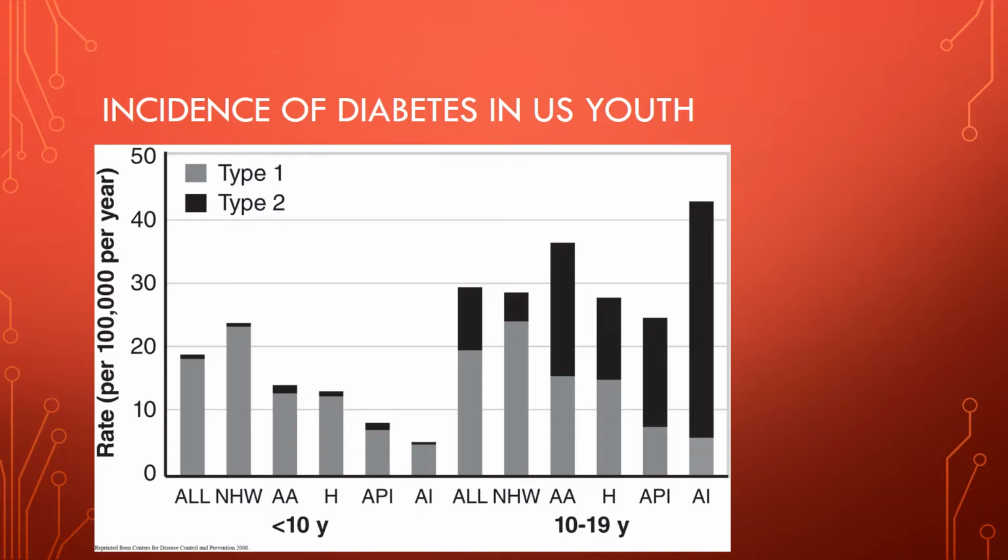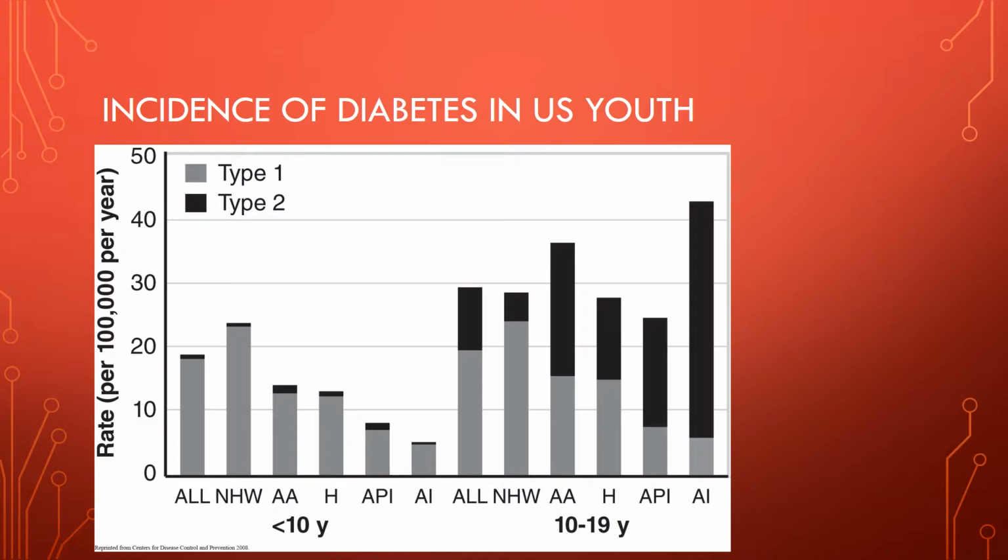The incidence in youth is particularly problematic. So this is showing the rate per 100,000 per year. So this accounts for age. The per year piece accounts for the age a little bit. But what you see is that in children under 10, almost all cases are type 1.